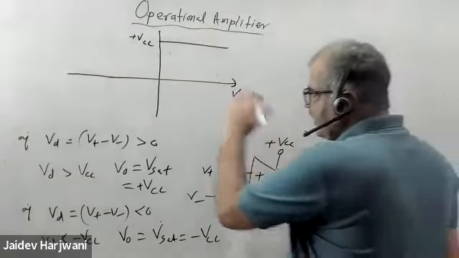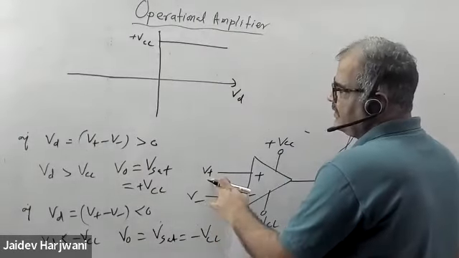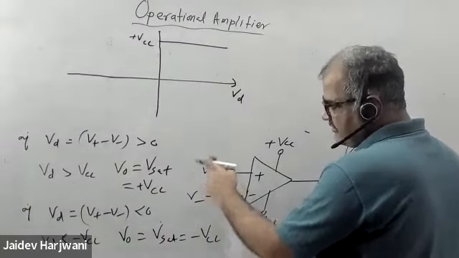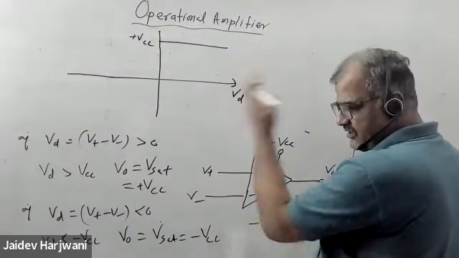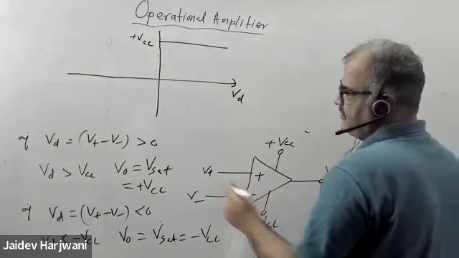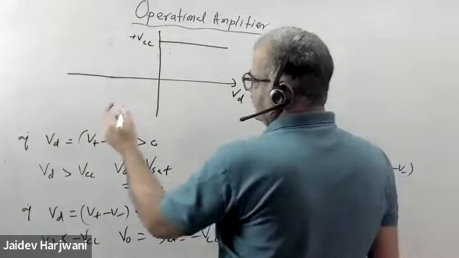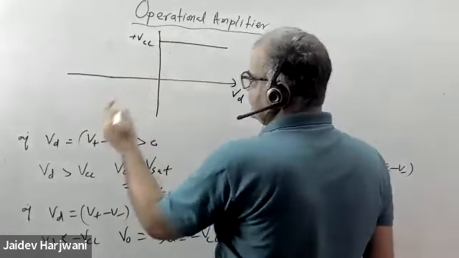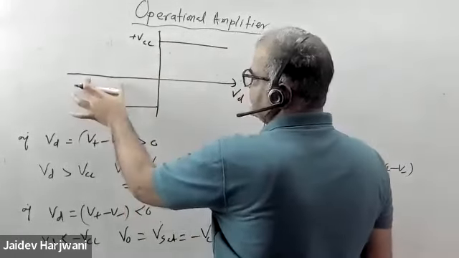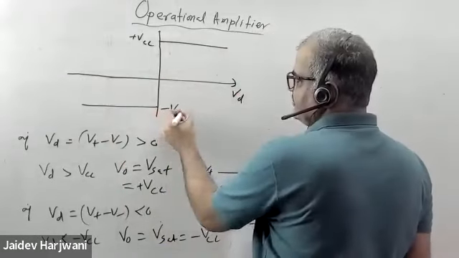Similarly, if you're applying a negative voltage difference VD, that means this is higher than this one, and this difference will get multiplied with the gain. So that will saturate to minus VCC. Whenever there is a positive voltage difference at the input terminals, your output will be VCC, and whenever there is a negative difference of voltage, your output will be minus VCC.